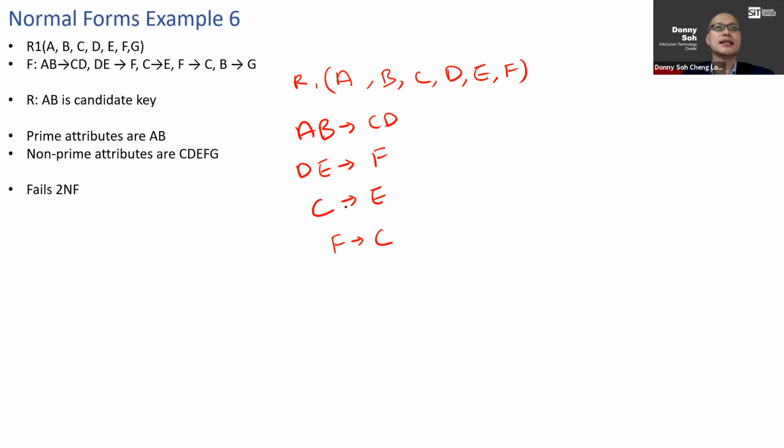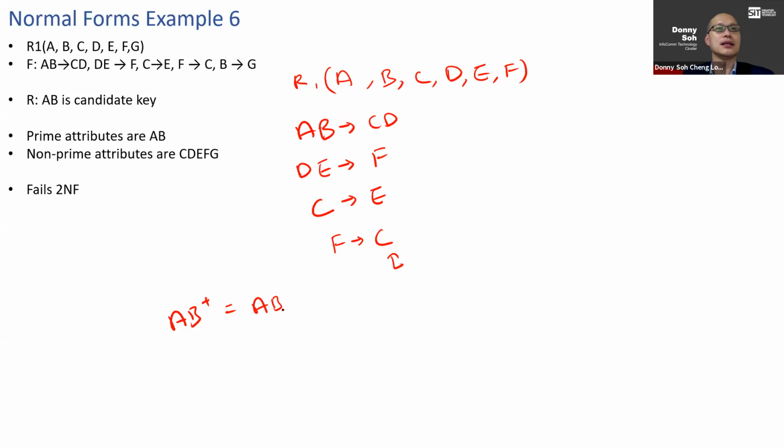So the first thing we do is look at the right hand side. AB is not in the right hand side. A, B, C, D, E, F. So I just see whether it is a key. A, B, it is the same example. Oh no, this one doesn't have this B implies Q. Yeah, sorry.